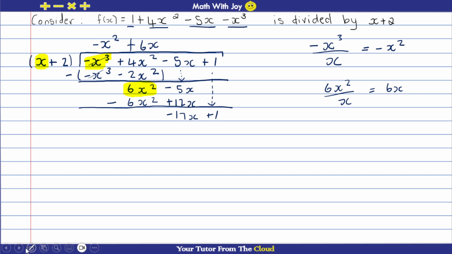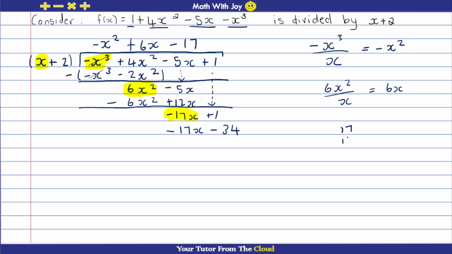Now we do the process all over again. This negative 17x will be divided by the x. Negative 17x divided by x gives you negative 17. And then you just multiply the negative 17. You get negative 17x, and you also get negative 34.